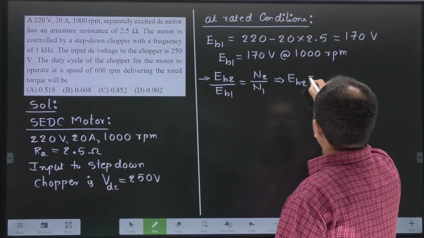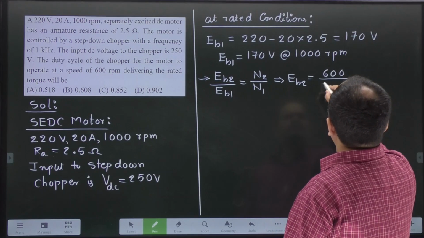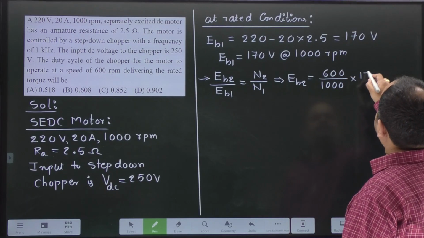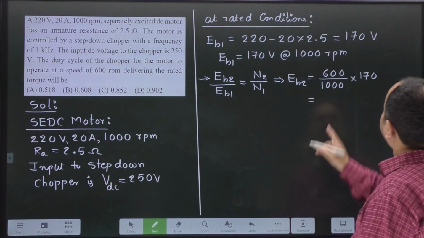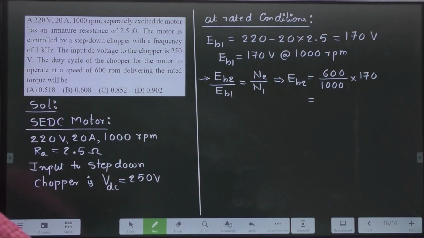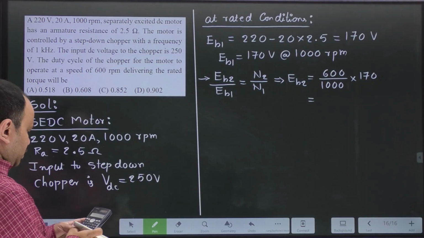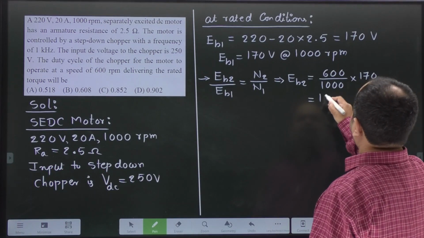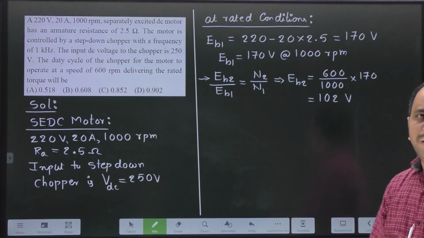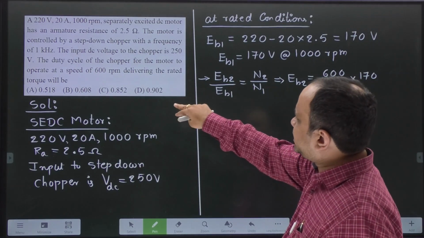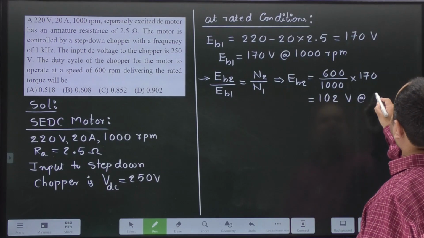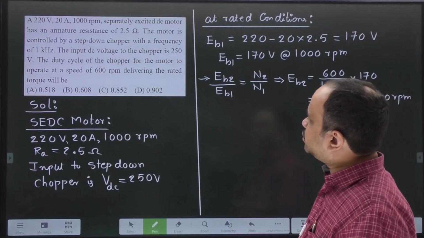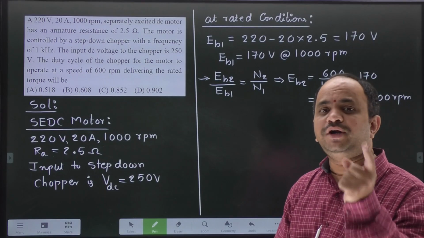Therefore, EB2 is equal to 600 divided by 1000 multiplied with 170. So this is 60% or 0.6 into 170, which will give you 102 volt. So this is the back EMF at a speed of 600 rpm. Now you need to find out, corresponding to this back EMF, what is the duty cycle ratio.